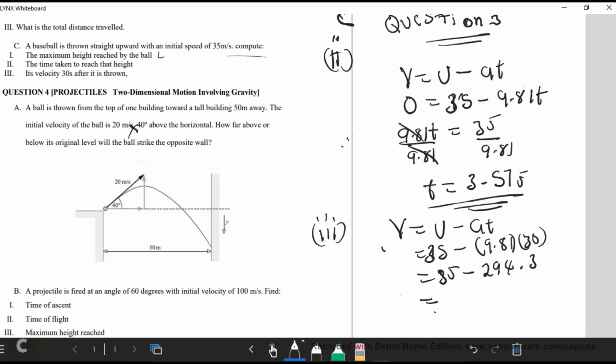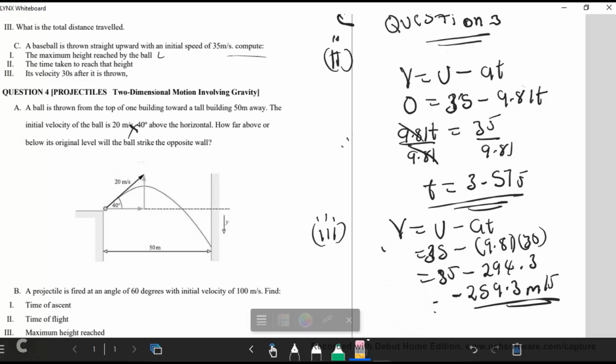When you subtract there, it will give us negative 259.3 meters per second. Since it's a velocity, it's okay to leave it in negative form. So that's how you answer that type of question.